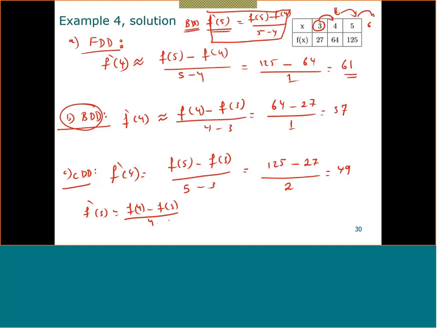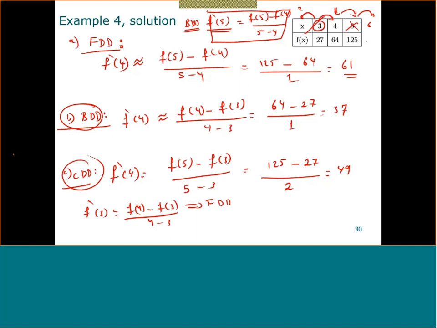I cannot use the BDD or the CDD here because I don't have the value at 2. Neither at 3 nor at 5 can I find the derivative using CDD, because in CDD I have to have two values, a value in front and a value in back. So it's important to notice this.